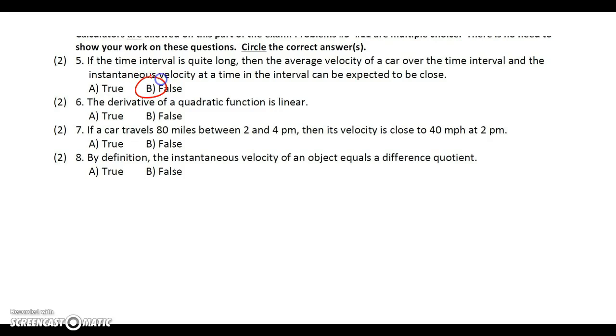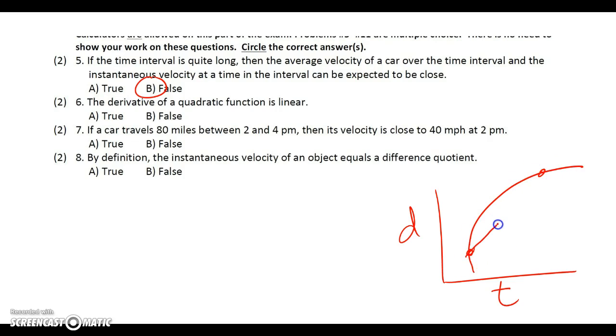That is false. Remember, let's say we have a graph of time versus distance, so it looks like this. That's probably not the best graph to draw. I'm trying to get something that, if we take an average velocity here, that's an average, but the instantaneous at a time in the interval, see the slope of that line?